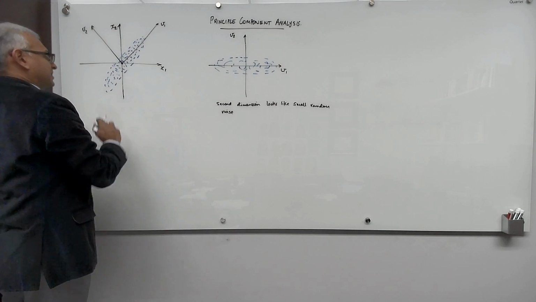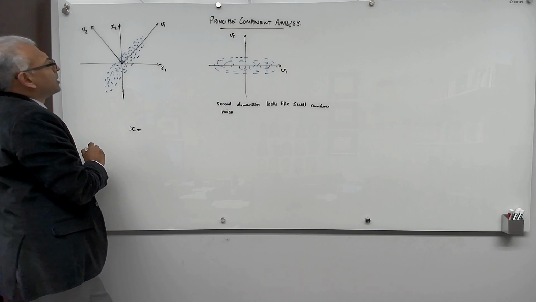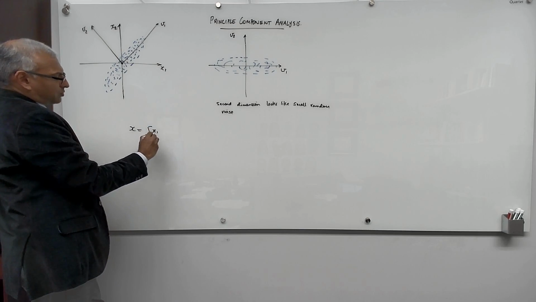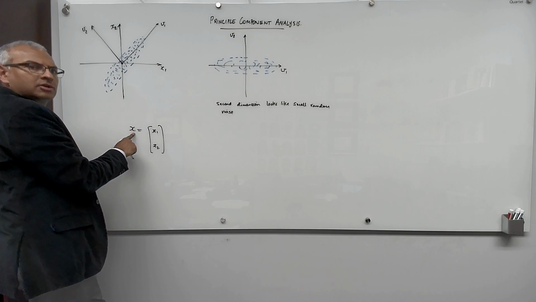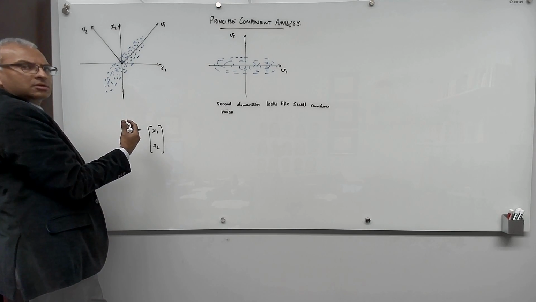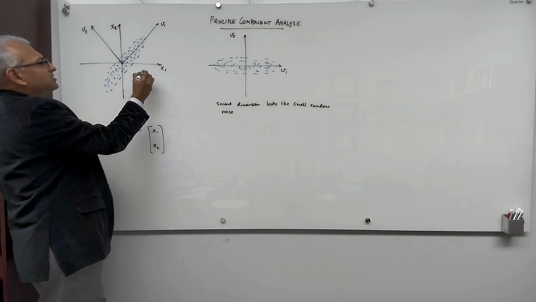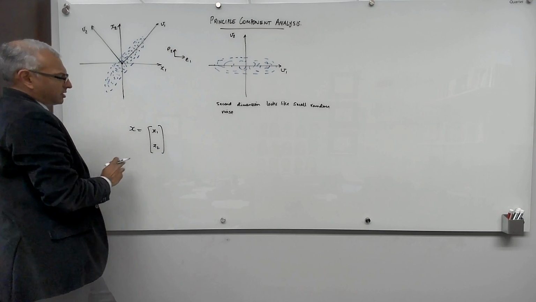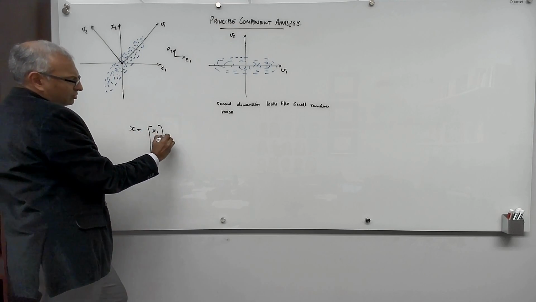So we started with x equal to x1, x2. You can think of those as the coordinates of x along an orthogonal basis, which is composed of the standard Euclidean basis vectors, e1, e2. How are the coordinates x1 and x2 defined?